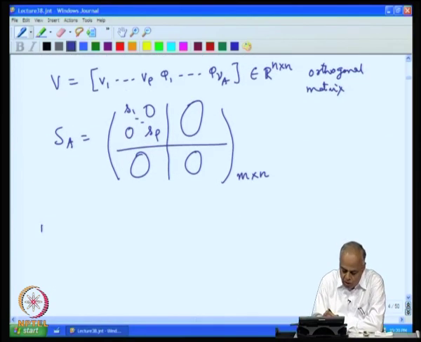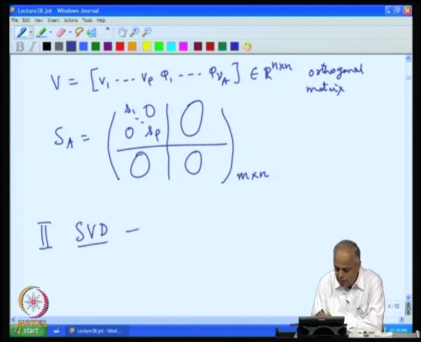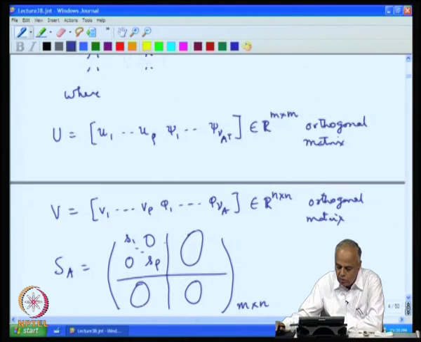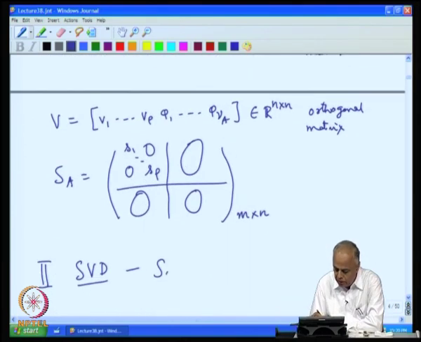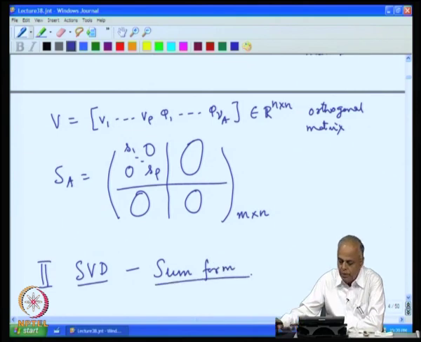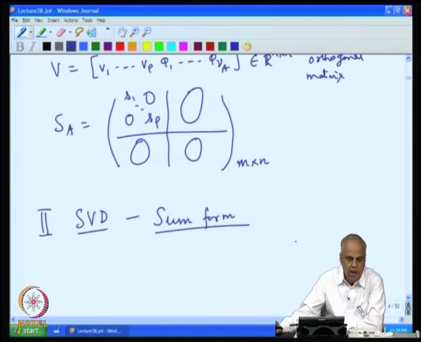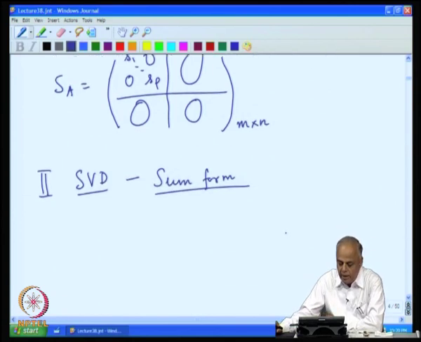We also got the SVD as the sum decomposition. This was a product decomposition. Now, we get the SVD in the sum form, where we decompose the matrix A as the sum of rank 1 matrices.